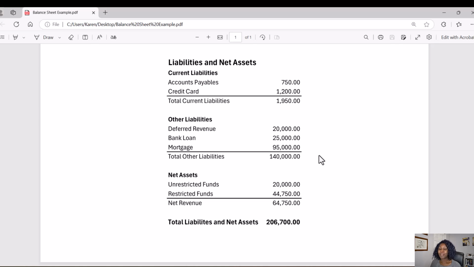And then you have your restricted funds. The restricted funds are funds that are obligated for a specific purpose. So let's say a donor comes in and donates $5,000 for your nonprofit organization. But the donor says you can only use this $5,000 for educational material.